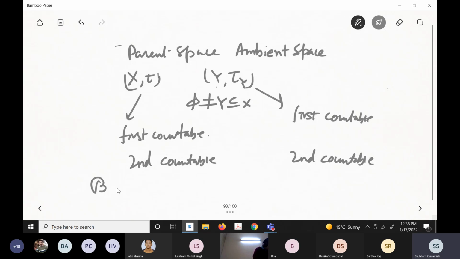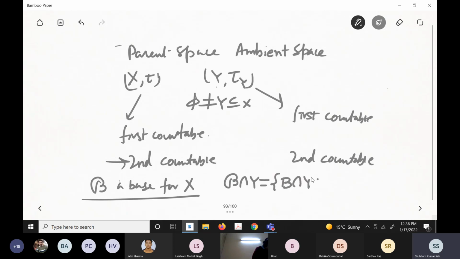Suppose this is a global base for X. All you have to see is that, with this notation, it will be a base for Y. If you have countable here, of course it will be countable, because you are taking the same thing, only each time taking the intersection with Y. So this will be a base. Similarly, look.